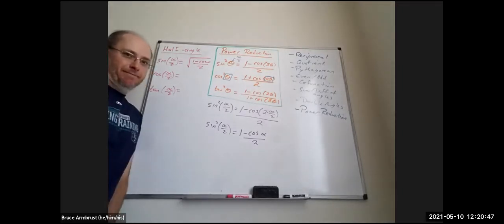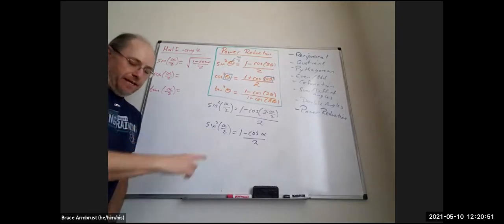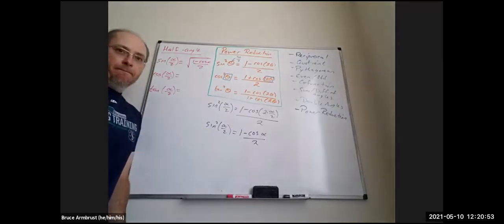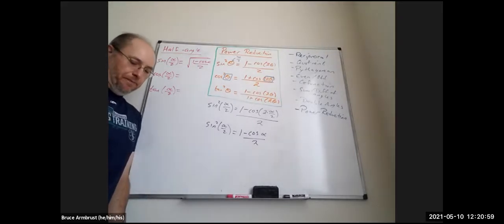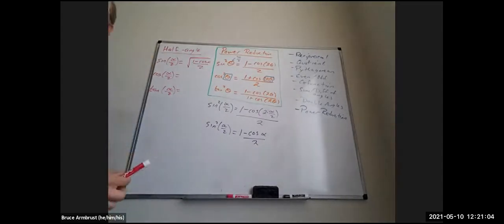Okay, but there's something we have to remember to do when we take a square root. What do we always need in there, even though we usually forget we need it when we take a square root? The plus or minus.